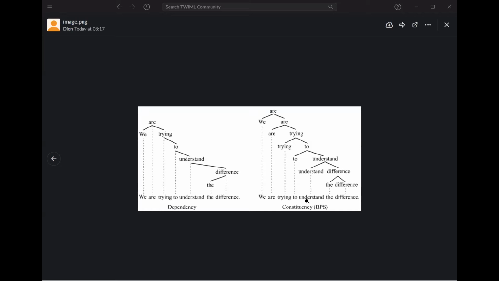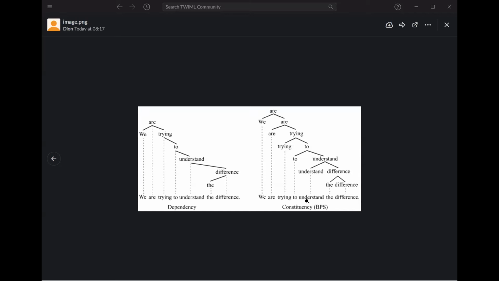Absolutely. The main difference between the dependency and context-free is that in the dependency, as you can see, there is one node for each element of the sentence. And that's why we can make an acyclic graph or something. Dependent means that, as you can see, "we are" is divided into "we" and "are". That means "are" has a higher hierarchy than "we".